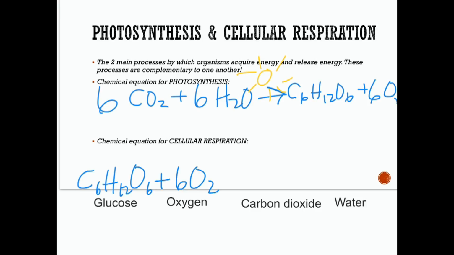And that is going to yield or make or produce your carbon dioxide that's needed for photosynthesis, your water, and also your energy, which is going to be in the form of ATP, adenosine triphosphate. So there you go. Photosynthesis and cellular respiration are complementary to one another.